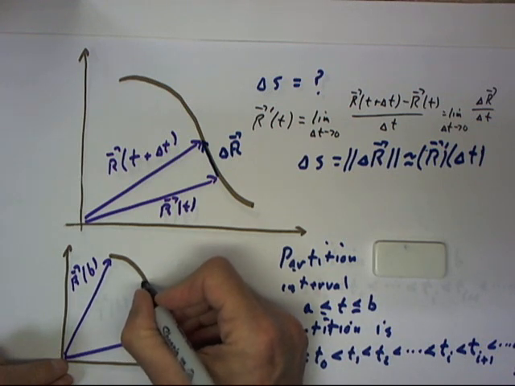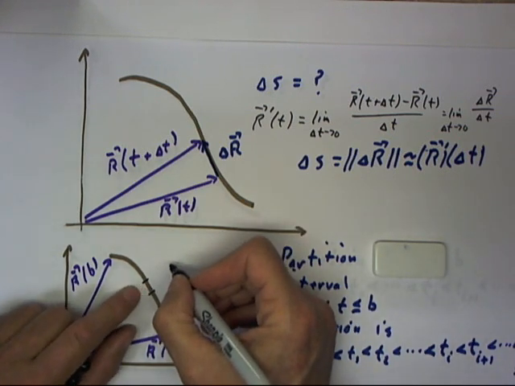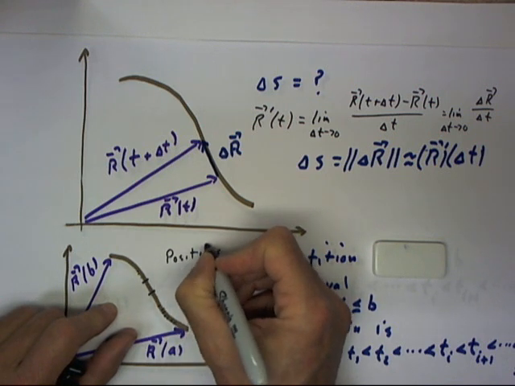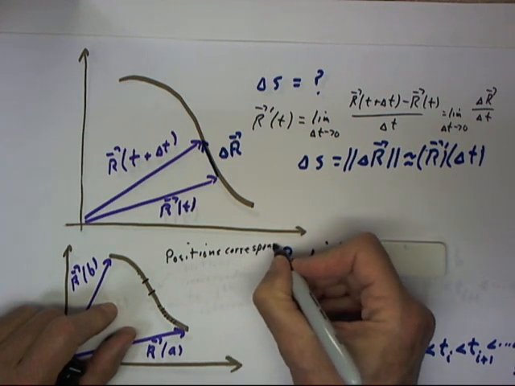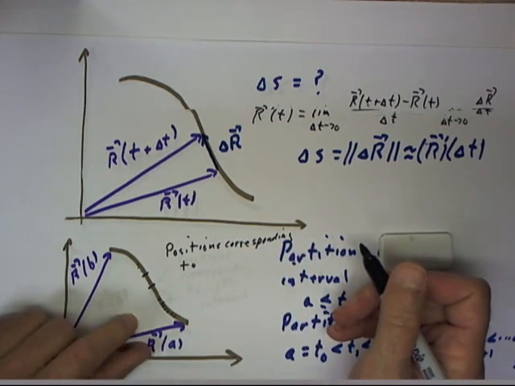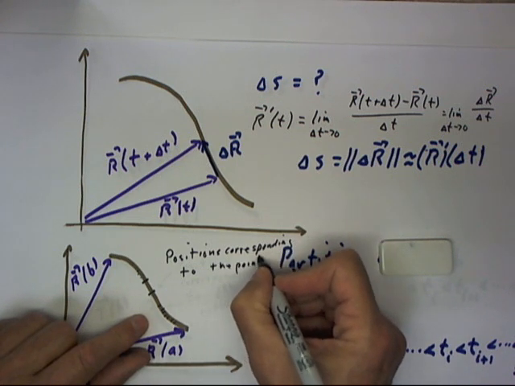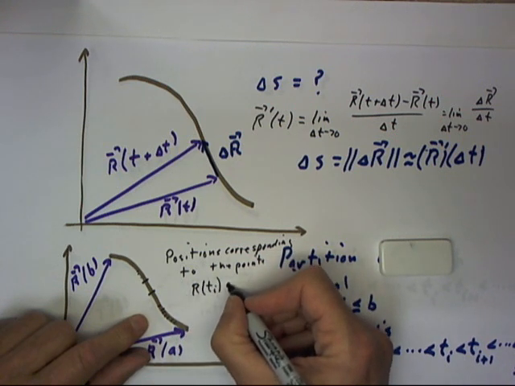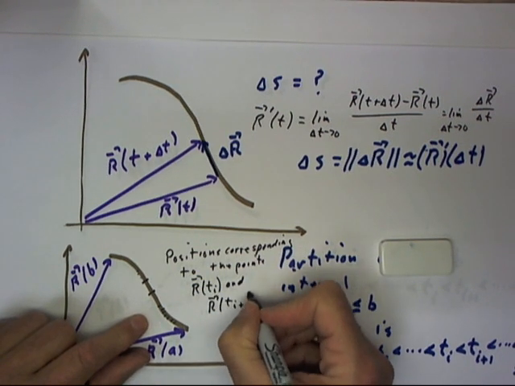Let's take an interval, and let these 2 points indicate the positions which correspond to the points r of t sub I and r of t sub I plus 1.